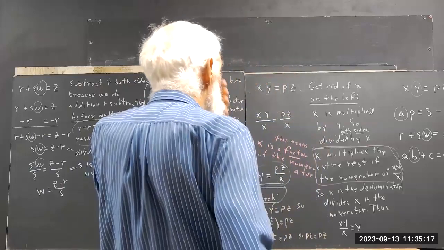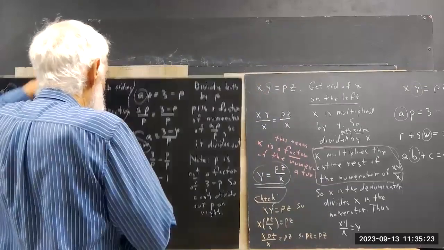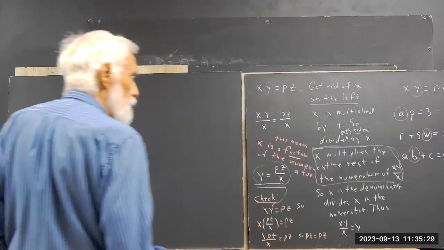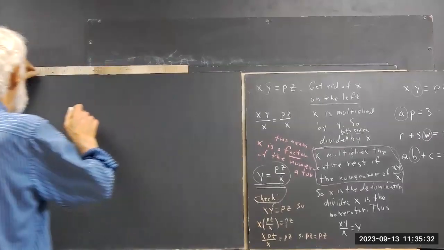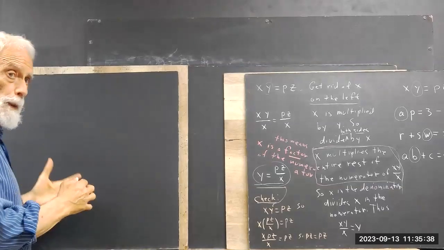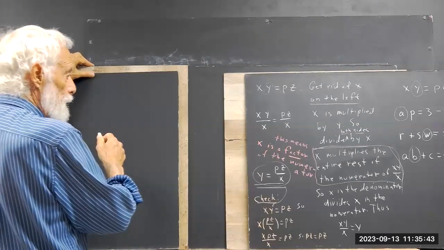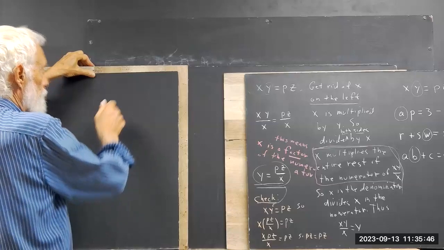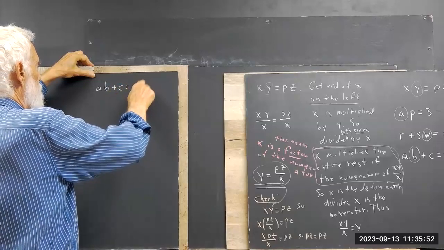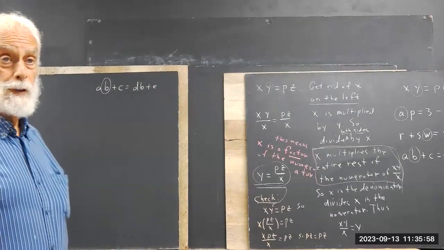For this last one, we have A, B plus C equals D, B plus E. I circle B. So that's a variable we want to solve.